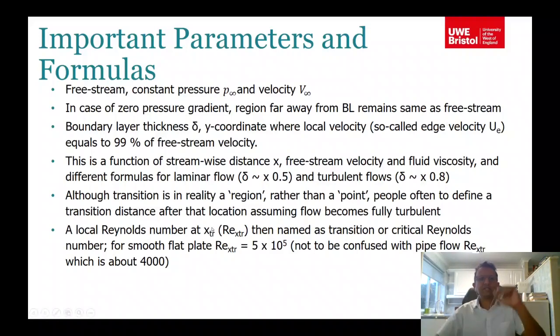In some books it says 99.5, but we will stick to 99%. This is a function of streamwise direction x. There are different formulae for laminar and turbulent flow. For example, delta is proportional to 0.5 for laminar flow, and 0.8 for turbulent flow.